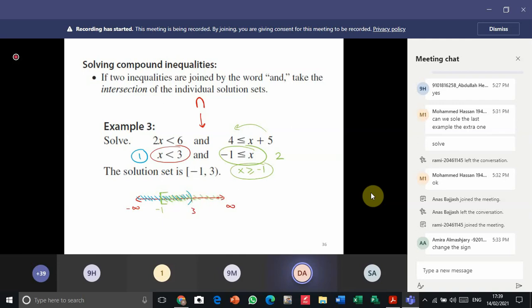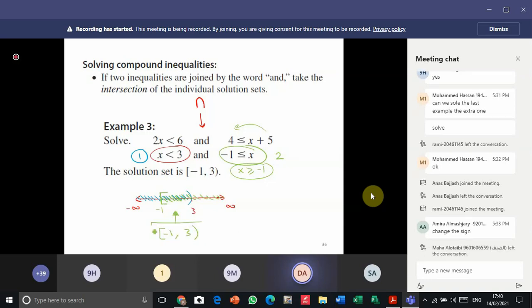What's the region of intersection? In the region of intersection, we have two colors, green and blue. This is the region of the intersection. So we have closed from negative 1 and open at 3. Okay, this is the solution.